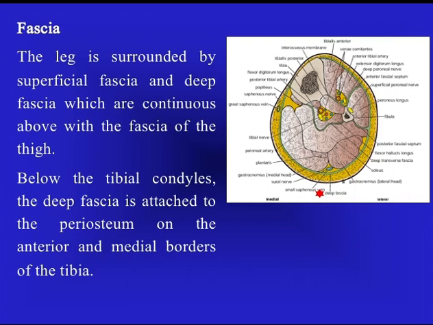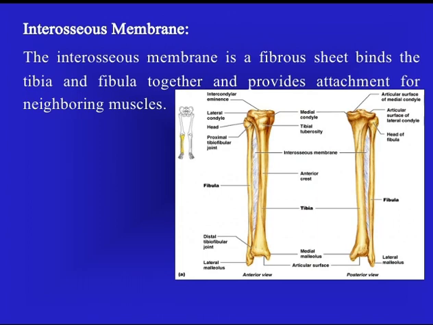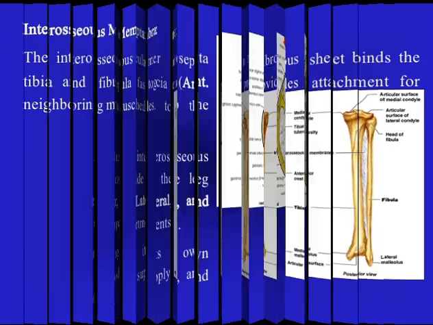The periosteum is a thin fibrous membrane covering the bone. The interosseous membrane is a fibrous sheet that binds the tibia and fibula together and provides attachment for neighboring muscles.